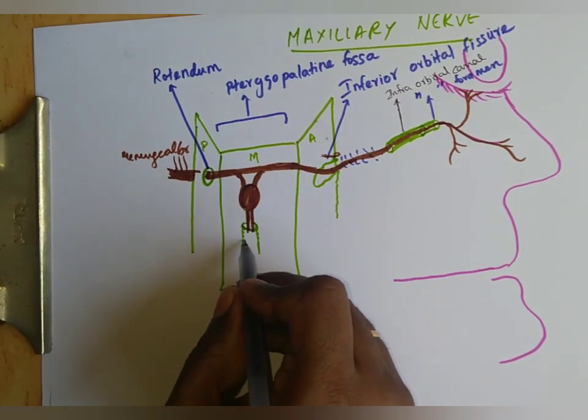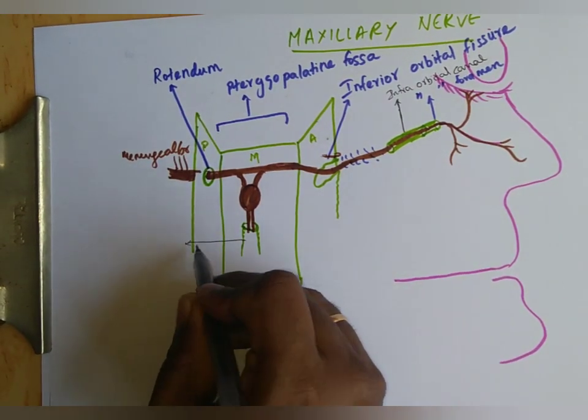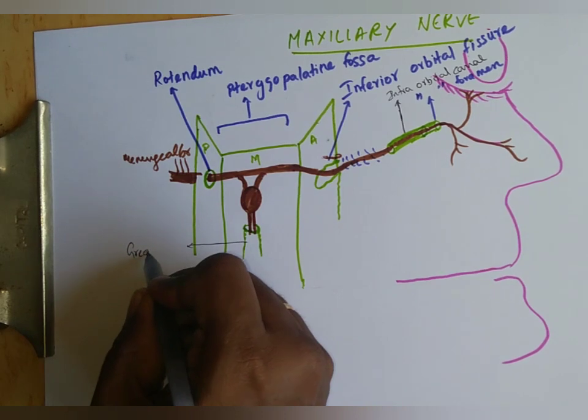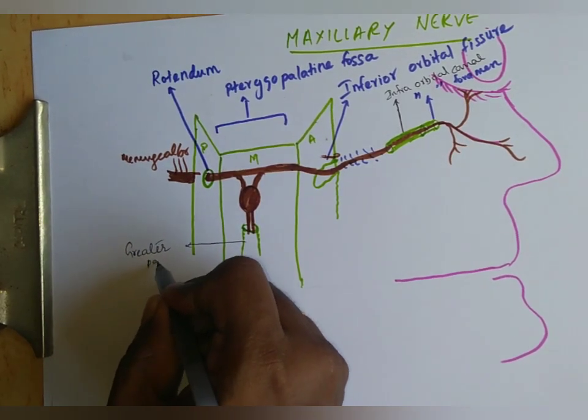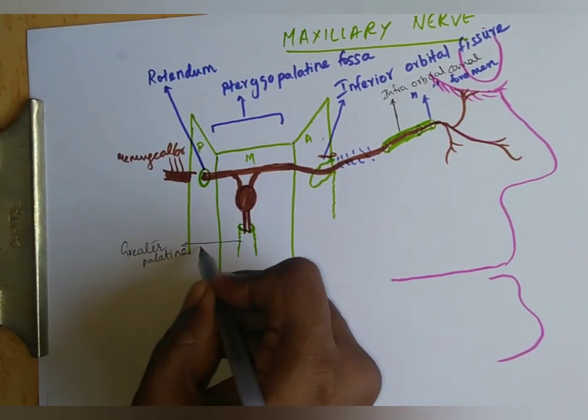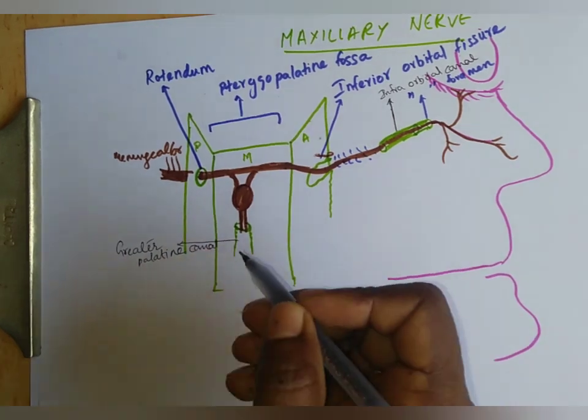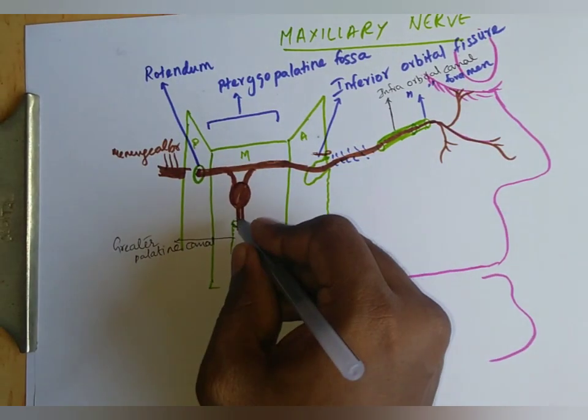And this canal is called the Greater Palatine Canal. The nerves which are passing through that are called the Greater and Lesser Palatine nerves.